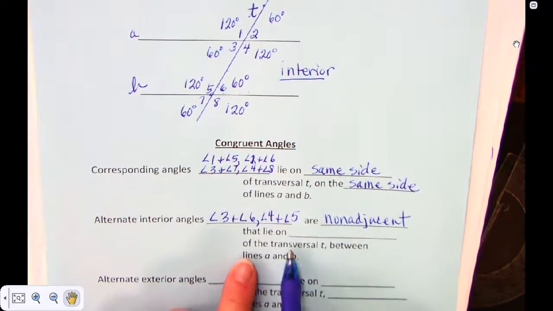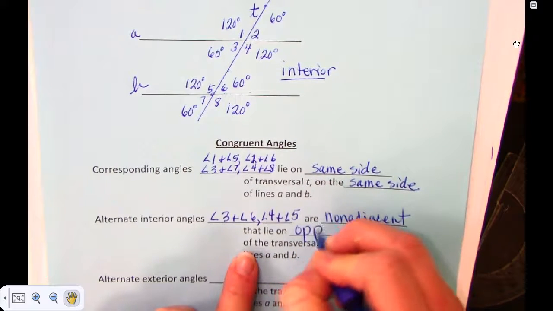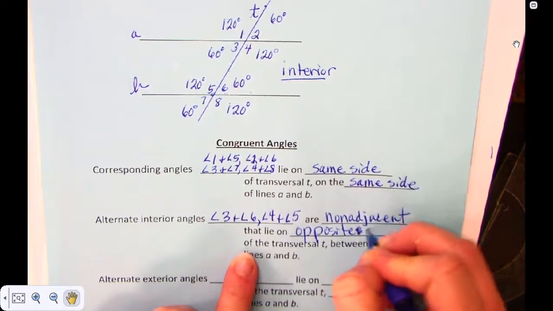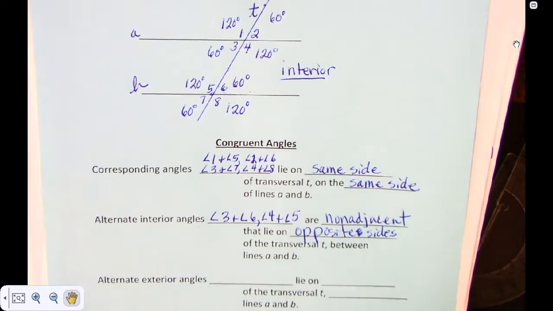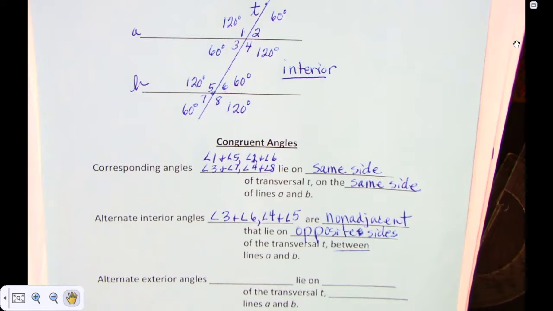That lie on opposite sides of the transversal. I did that earlier too. Between lines A and B. They're inside. Interior. They're on opposite sides of the transversal inside.